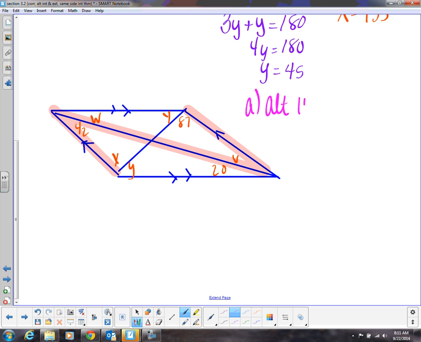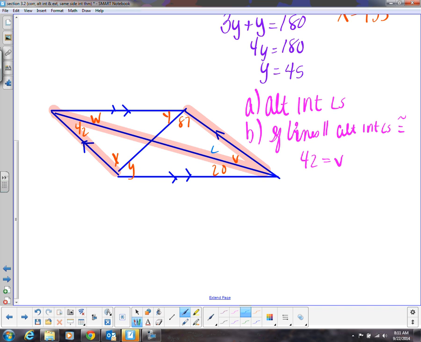Alternate interior angles are in the Z. What's the relationship for alternate interior? They're congruent. If, what do you have to write? Lines are parallel, alternate interior angles congruent. All right, I'll accept either. So now what equation do you write, Elber? I did 42 equals v. So we know that this is 42.